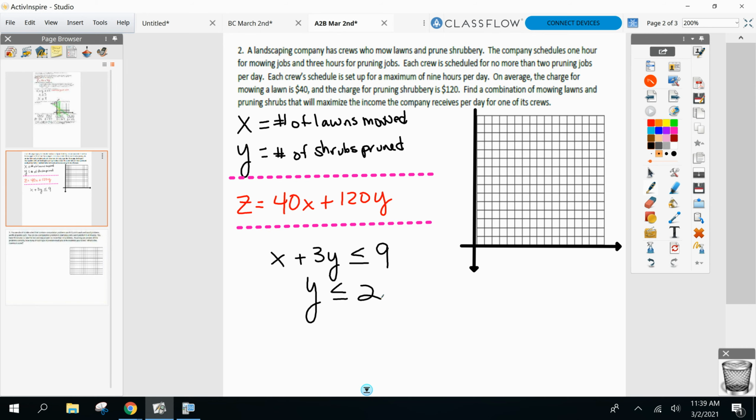Can I trust you to go on your own here? Find your y and x intercept for that first one. Actually, I'm still going to ask people. I know most of you got it, but I want to make sure we're all on the same page. So go ahead, take your time, find the x and the y intercept.